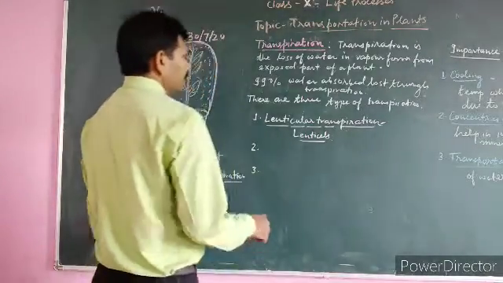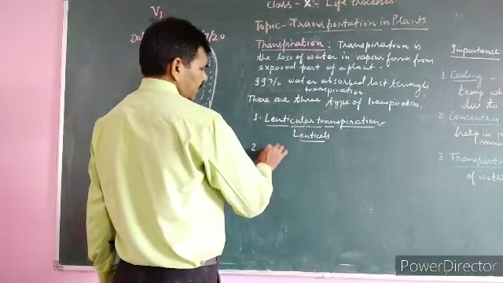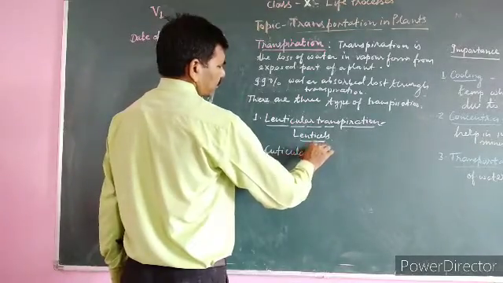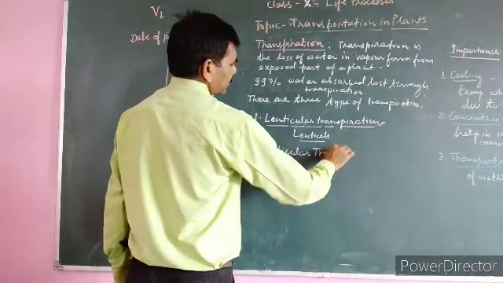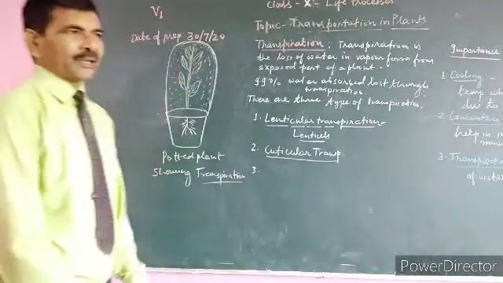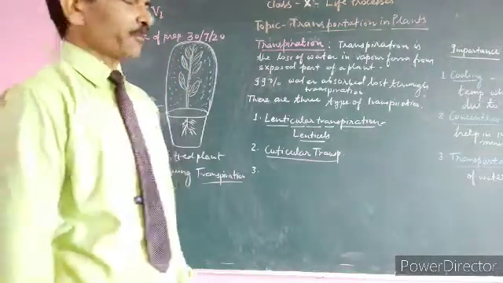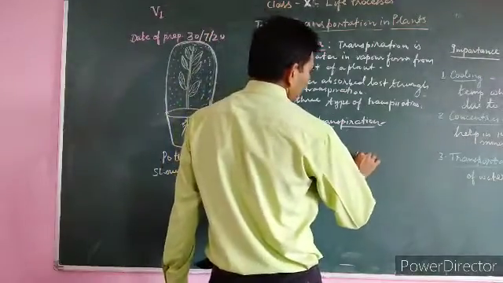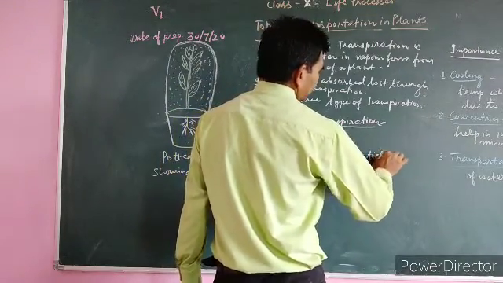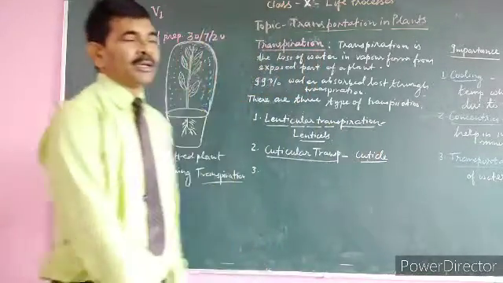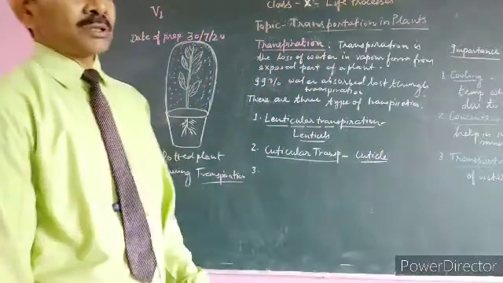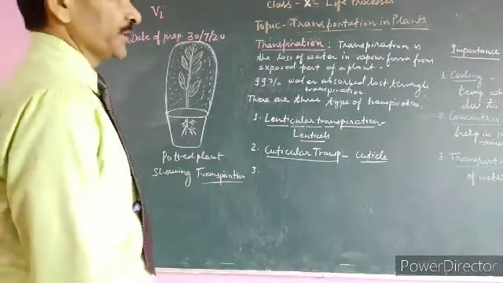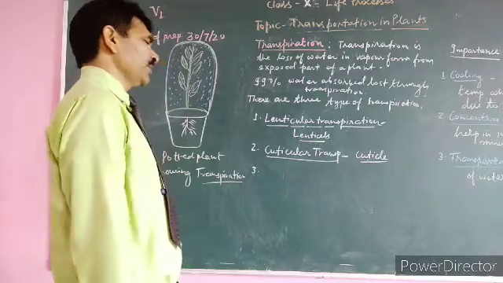Another type of transpiration is cuticular transpiration. Loss of water in the vapor form occurs through the cuticle of the leaf. It is the outermost layer of a waxy substance present on the surface of the leaf.